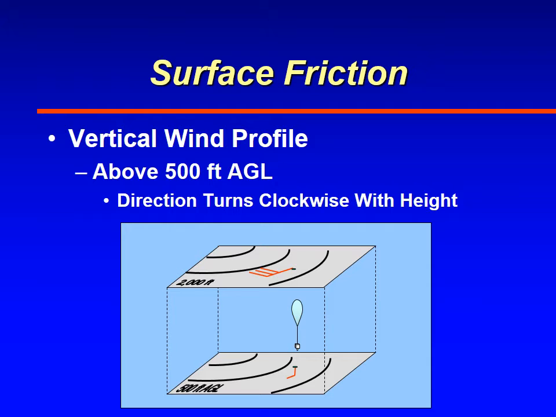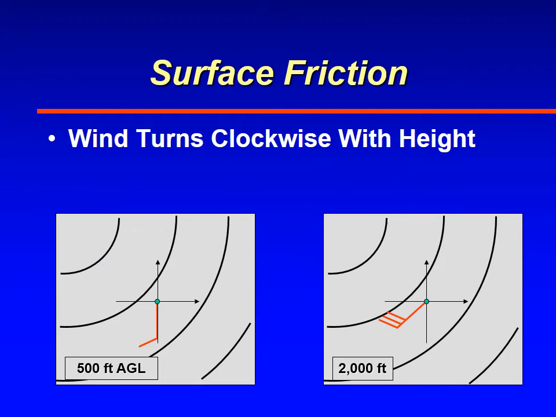But at higher altitude, 3,000 or 4,000 feet, AGL or MSL for that matter, the winds are more or less flowing parallel to the isobars, and they're much stronger. So the wind turns clockwise with height as a result of friction in the lowest layers of the atmosphere.